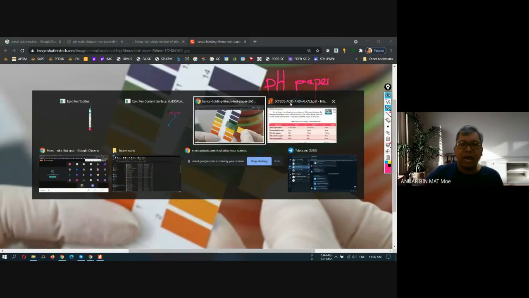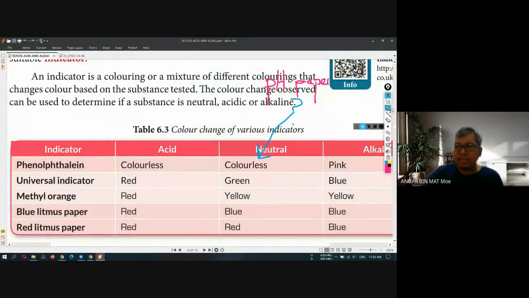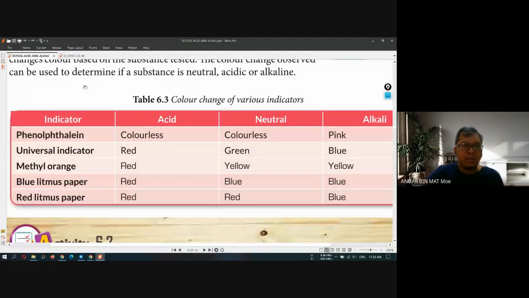Actually, there are many types of other indicators. For example, the indicator number one, we call it phenolphthalein. The second indicator is what we call a universal indicator. Methyl orange. Blue litmus paper, we already know, right?